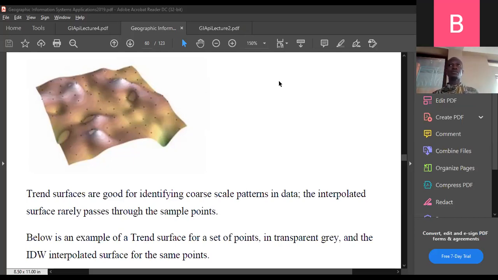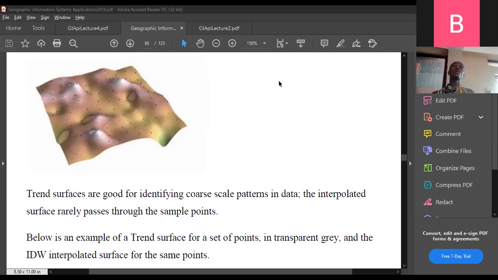The surface is undulating. Do you understand what I mean by that? It's changing, it's going up and coming down, right? In this afternoon's lecture, we are looking at how to represent that surface, whether it is the physical surface of the earth, or whether it is some sort of theoretical surface like a temperature surface.